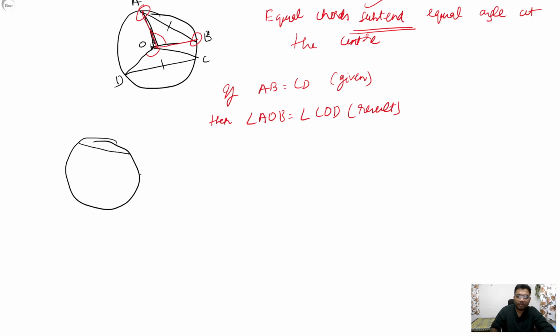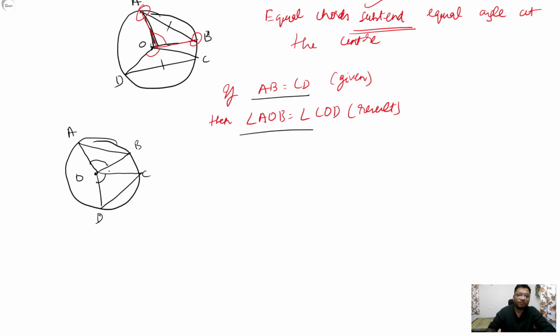But I think by now you can guess that this time around, the chords are not given as equal. Remember, what's given becomes your result. What's result becomes your given information. Okay. So I have the chords AB and CD. And the theorem goes like, if the angles subtended by two chords are equal at the center, then those two chords will be equal to each other.